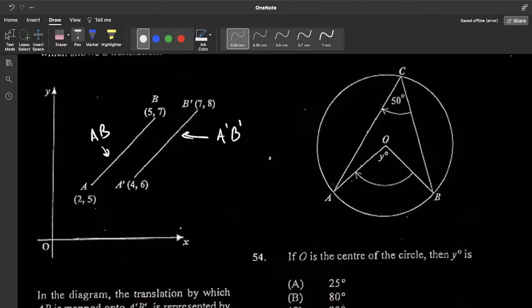So we have 2, 5 here, and we went to 4, 6. So 2 to 4. If we're going from 2 to 4, we basically had to move 2 times to the right. So we move 2 times to the right. That's how we get 2.